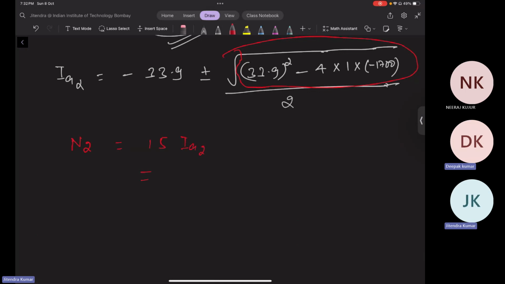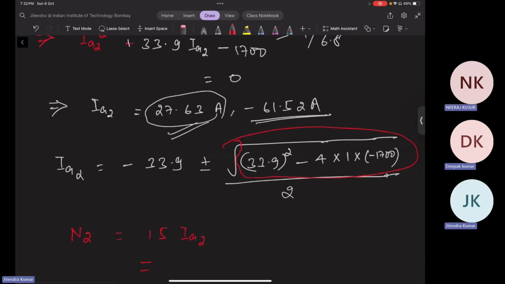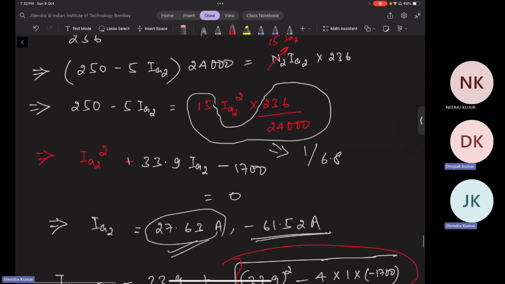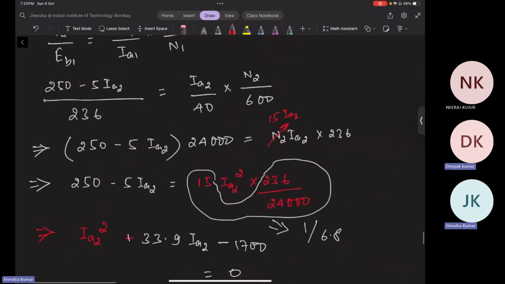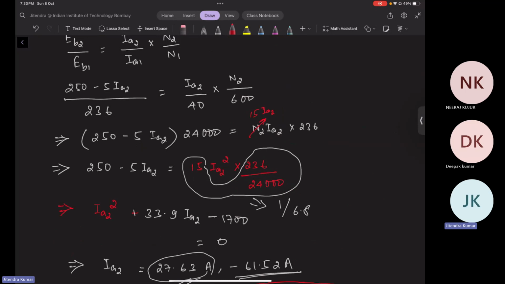Sir, please show this equation, 250 minus 5 Ia2 by 236. Which one? This one. Yes, sir.